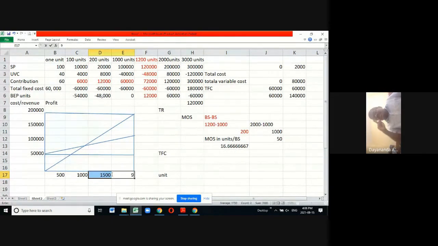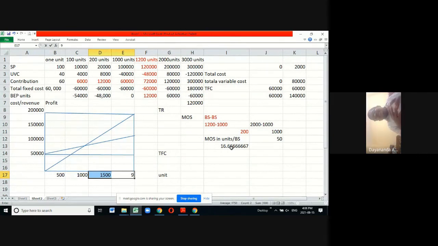But if your sales drop by more than 16%, say 20%, what happens to you? Due to unavoidable environmental circumstances, you plan to have 1200 sales units, but due to environmental uncertainty your budgeted sales figure drops by 20%, then you will end up with a loss, because your margin of safety is 16%.